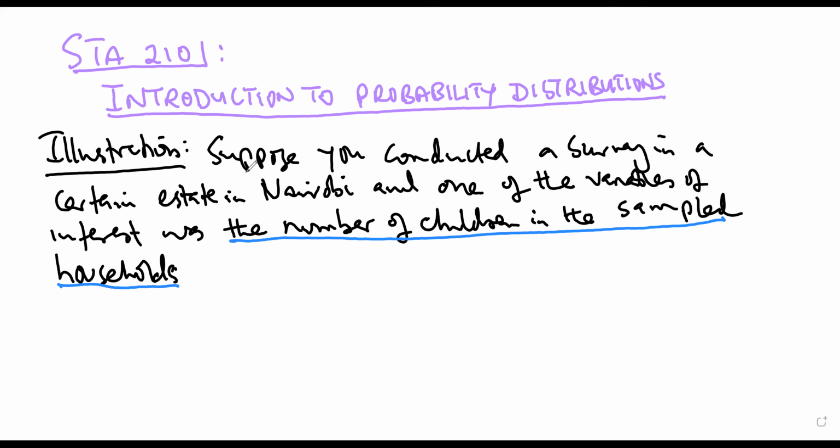So the illustration is, suppose you conducted a survey in a certain estate in Nairobi, and one of the variables that you are interested in was the number of children in the sampled households. So in this case, the variable of interest, that is the number of children in the sampled households, can be labeled as X. So we can say, let X be the variable of interest.